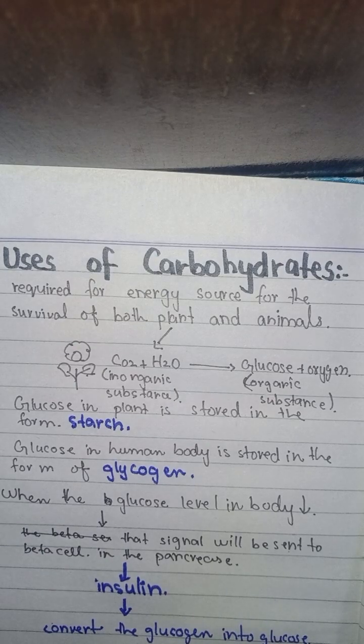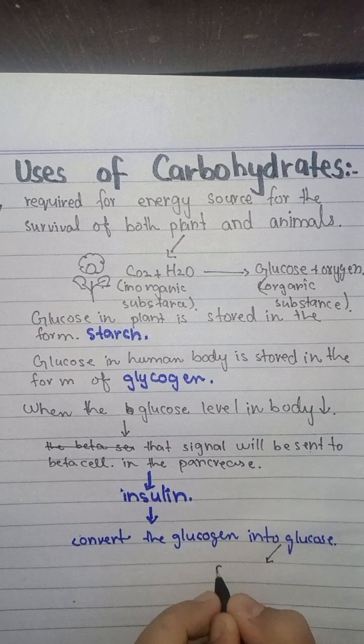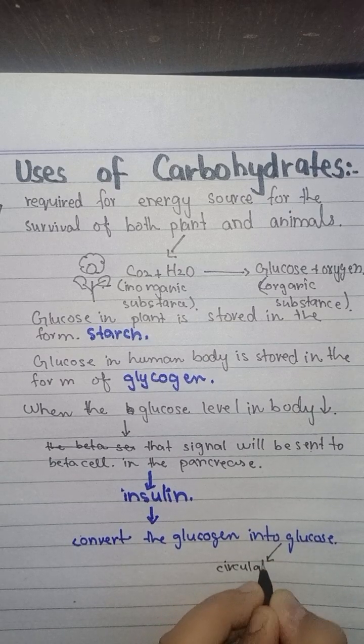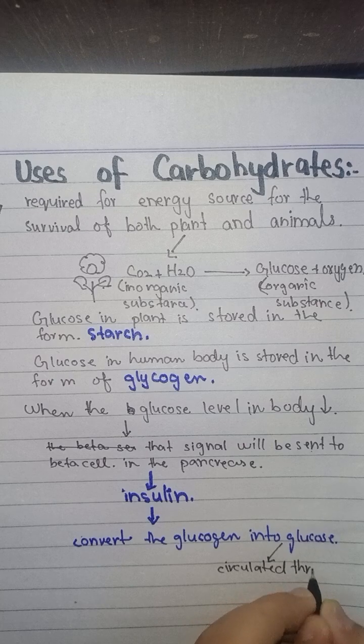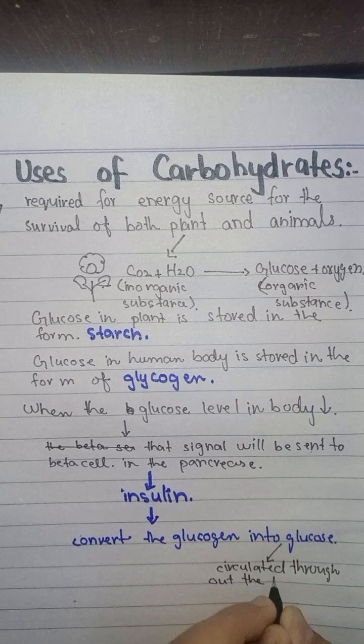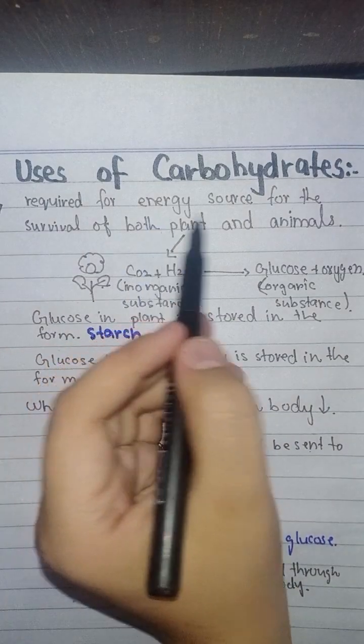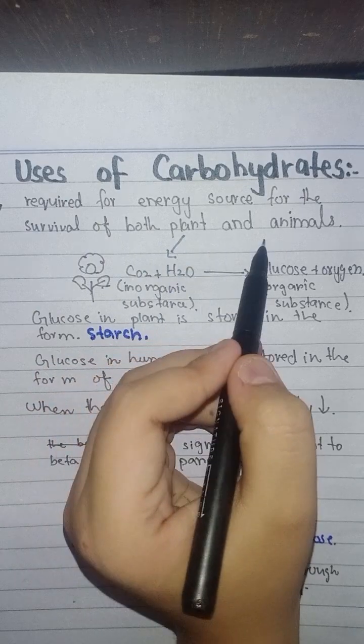After converting this, the glucose will be circulated throughout the body. So this was the first use: required as an energy source for the survival of both plant and animal.